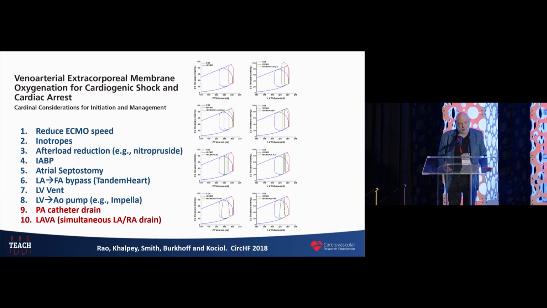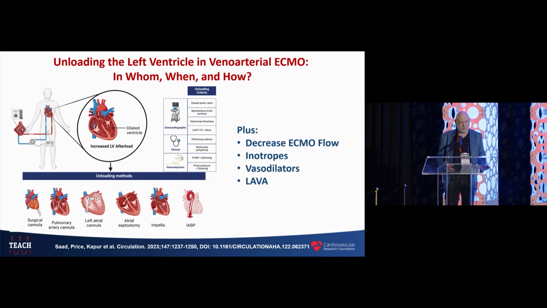And then more recently, PA catheter drainage, and also this concept of LAVA, where you have a cannula across the septum that's simultaneously draining blood from the left atrium and the right atrium. And these approaches were also discussed in this recent review article as well. They discussed 6 of them, but in addition, we can reiterate these other approaches that can be used.